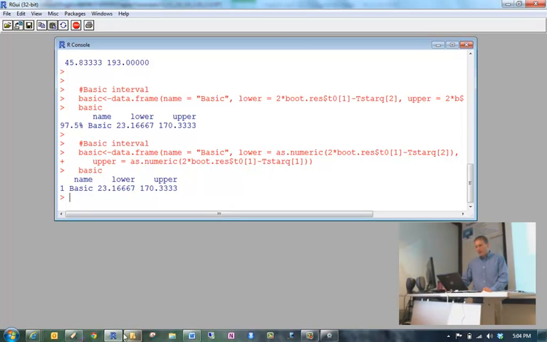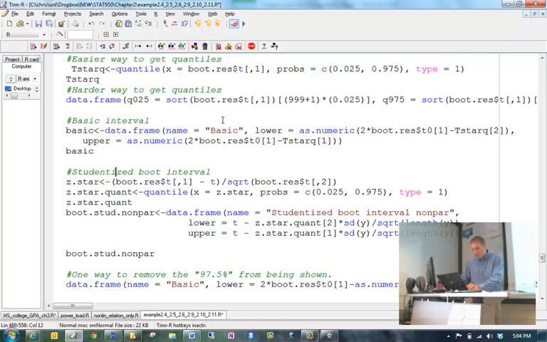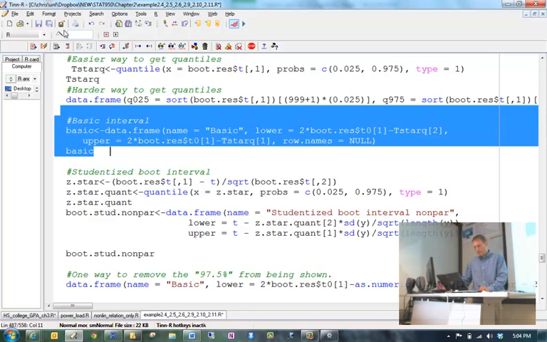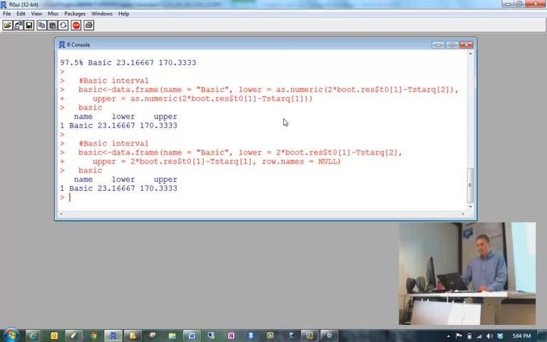I think there's also another way to do this. Let's figure it out real fast. Let's see. Row.names equal null. Yep. So that's another one. I just wanted to point this out. It's a small, minor thing, but I don't want you to get confused thinking, oh, this is a 97.5% interval. No, it's not.